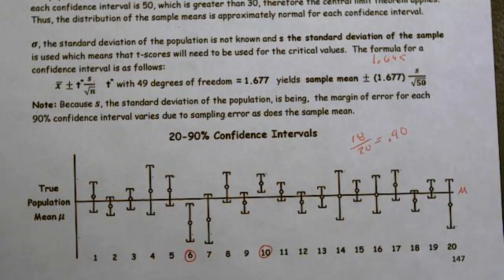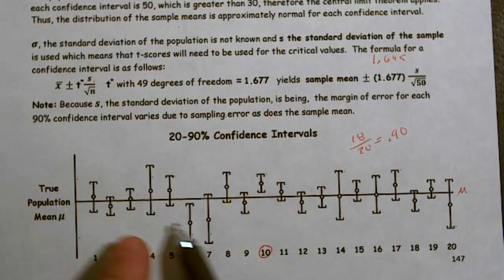In reality, 20 times is not enough; we're going to need to do it a bunch more than that. But what we're going to say is we are 90% confident that the true population mean lies within an interval, or if we did this over and over again, an infinite number of times, 90% of our intervals would capture it.